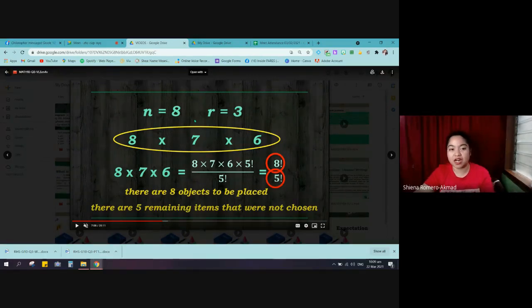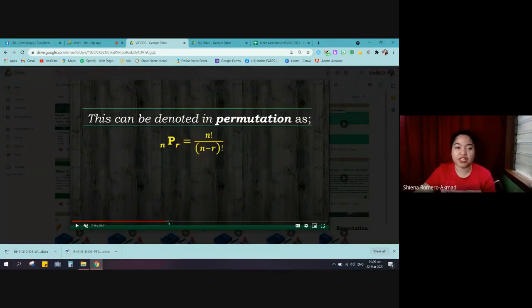Permutation of N taken R at a time. Permutation of 8 objects taken 3 objects at a time. So, in permutation, you can denote this as NPR, or simply permutation of N taken R at a time, where N is the number of items and R is the number chosen. So, N will be 8. And yung R natin ay 3. Yun yung napili nating items.